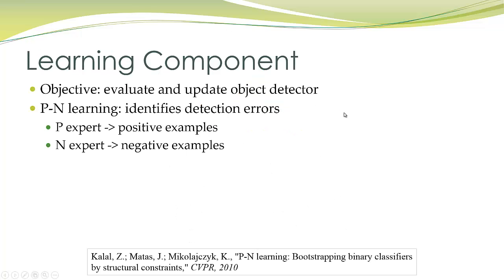The objective of the learning component is to evaluate and update the object detector. In this implementation, two kinds of experts are used, called the P-expert and the N-expert. The P-expert generates positive examples and the N-expert generates negative examples, as discussed in this paper.